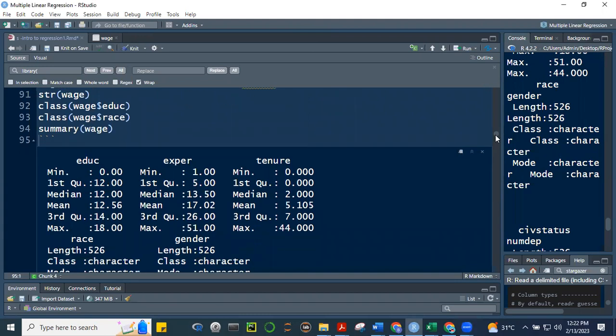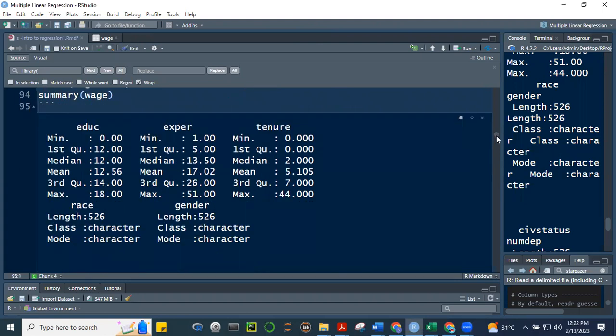Okay, so take a look at the summary. For the numerical variables, it gives us, you recall the 5-number summary, di ba? The minimum, the maximum, the first quartile, the second quartile, which is the median, and the third quartile, which is P75, plus the mean. Okay, and that's also for the experience, for the tenure.